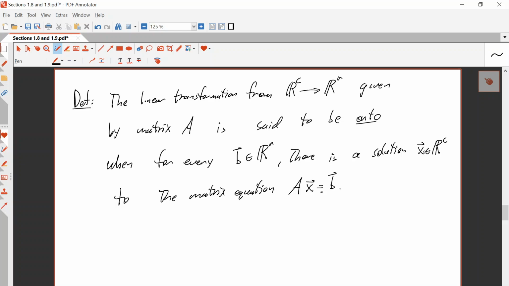Right? So everything in the range gets hit by something in the domain. There's always a solution to such a thing.